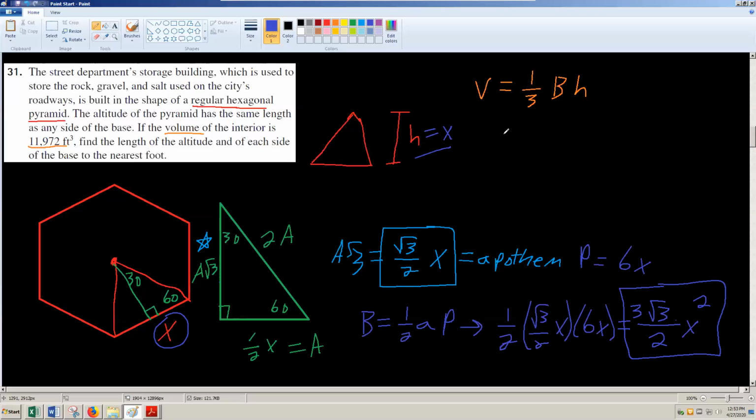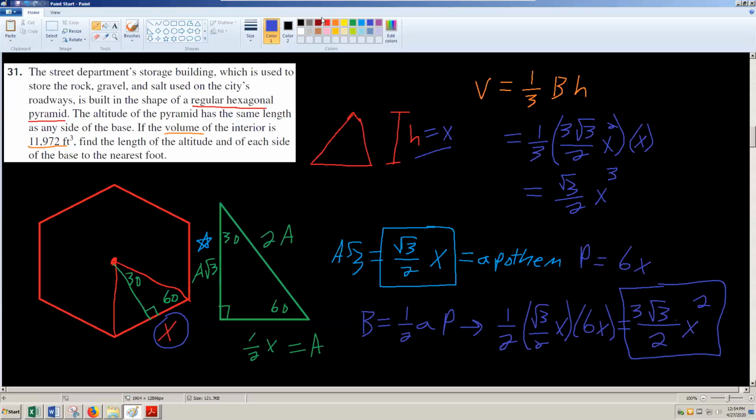So now when I'm plugging all this stuff in, I've got 1/3 times my base, which is 3 root 3 over 2 x squared. Here I got times another x. So now this is going to give me x to the third. And now here this 1/3 and the 3 are going to cancel off. So it's really just going to equal root 3 over 2 x to the third.